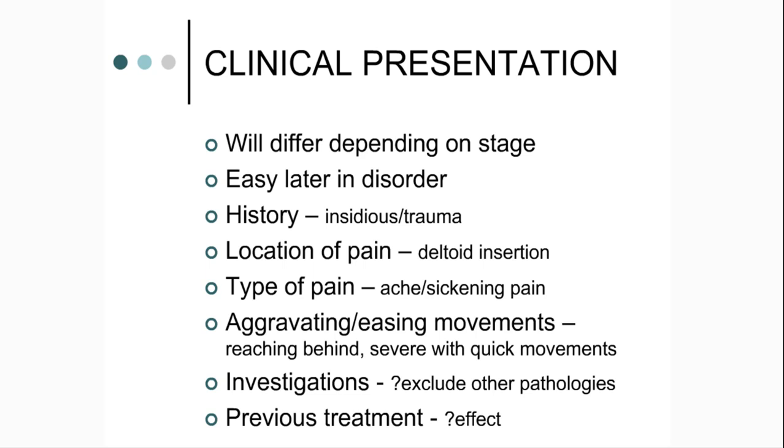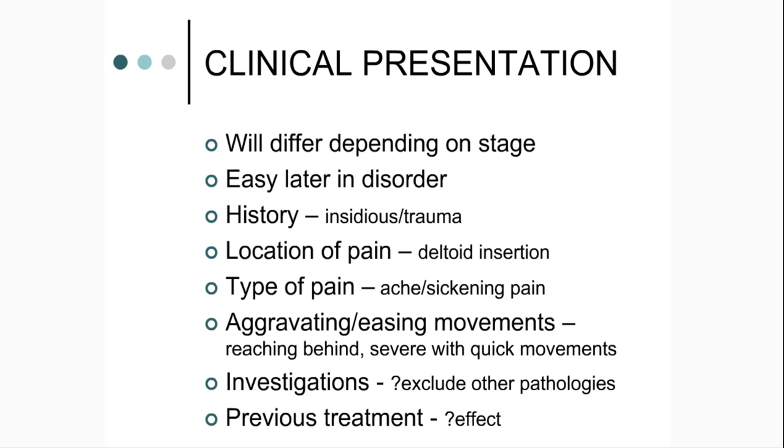Previous treatment is important, and quizzing about previous treatment is also very important. Have they been one of these poor souls that's gone down the tendinopathy treatment path when that isn't actually their issue?